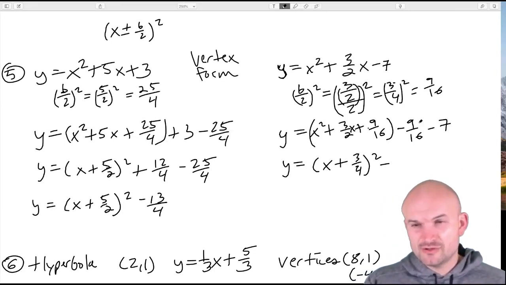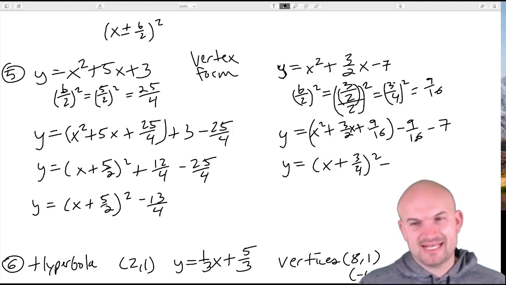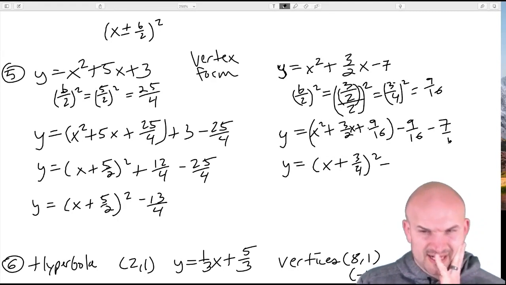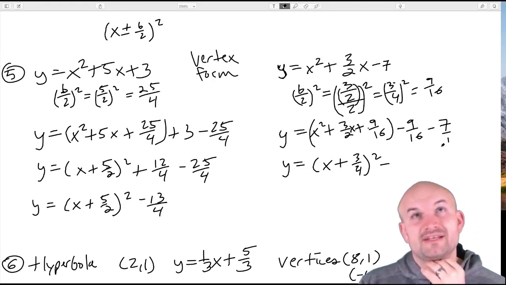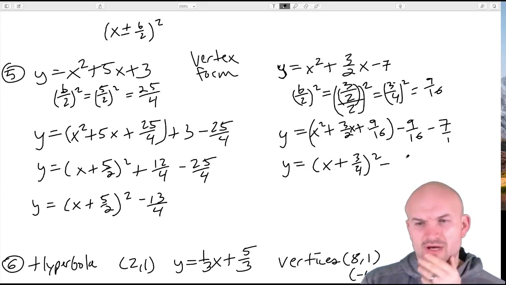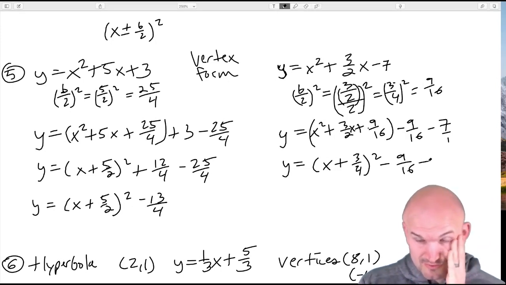And then now we need to rewrite this as negative 9 over 16 minus 7. So I'll put that over 16, and that's going to be 70, 70 plus 42, that's going to be 112. Oh, what am I doing? Let's just do 16.